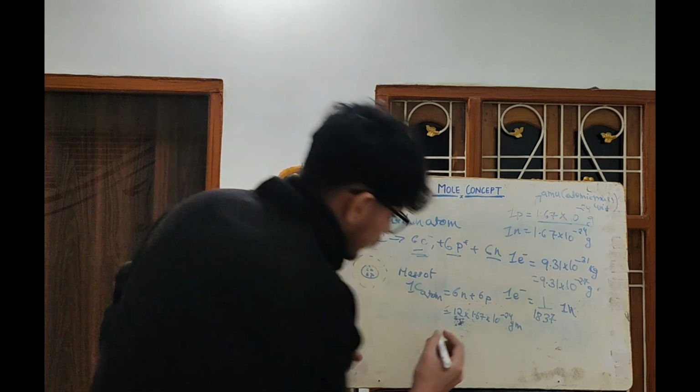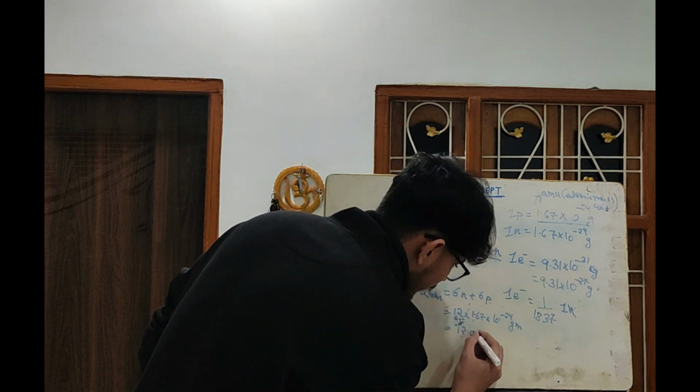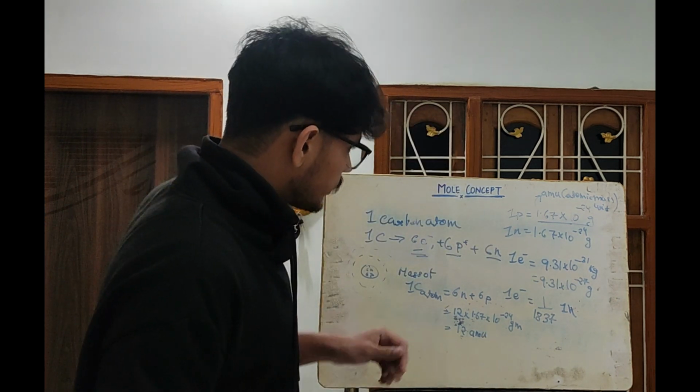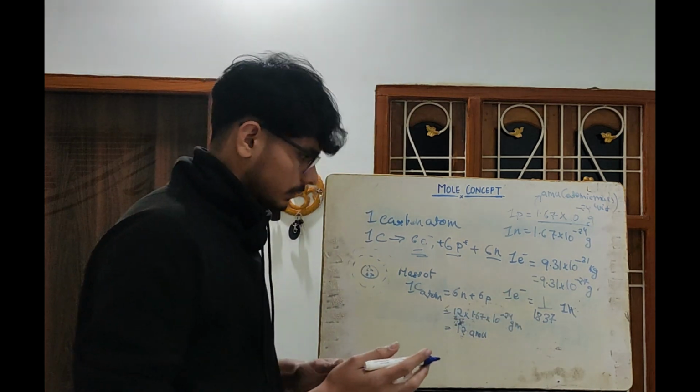So we can directly write the weight of one single carbon atom is 12 AMU. As you can see here, this AMU is 1.67 times 10 to the power minus 24 grams.